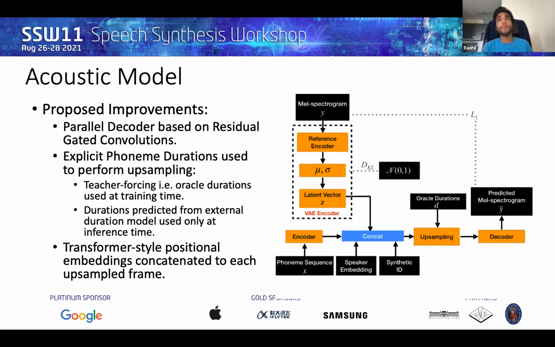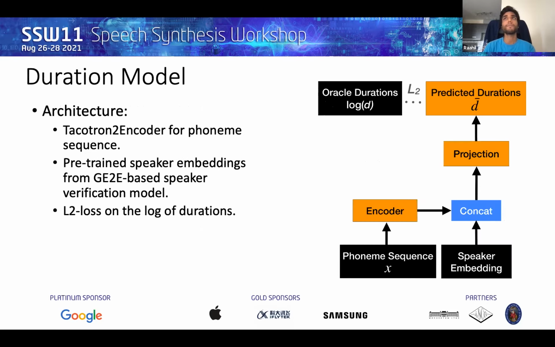And only at inference time do we use the durations predicted by our external duration model. To bolster this alignment information, we also provide the decoder with additional positional embeddings that one might have seen in transformer-based architectures that encode information like the phoneme duration as well as the position of a frame within a phoneme and pass this information on to the decoder.